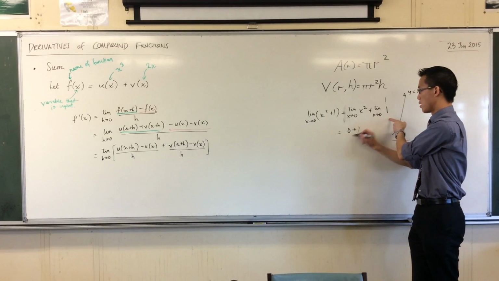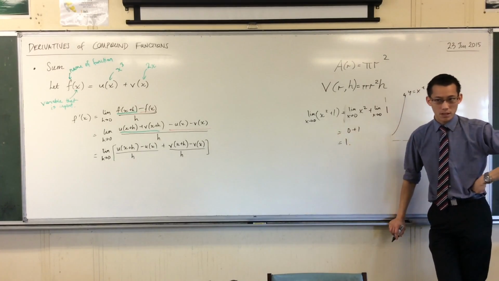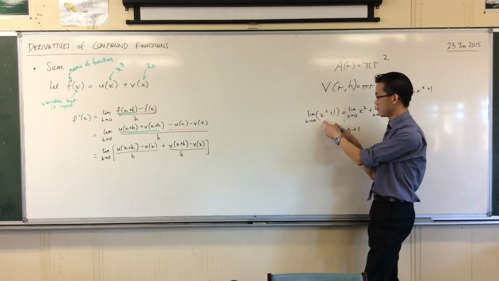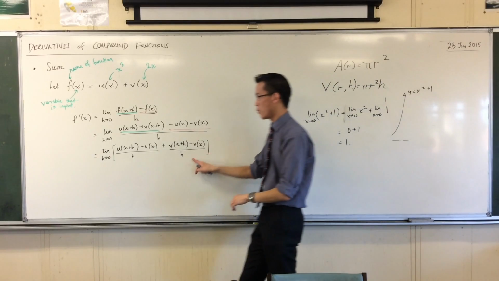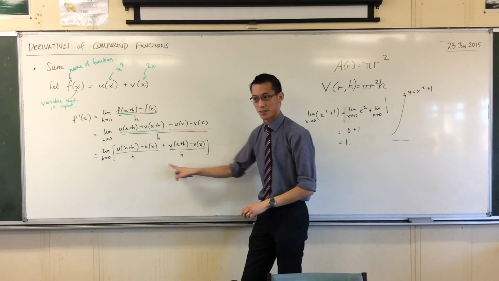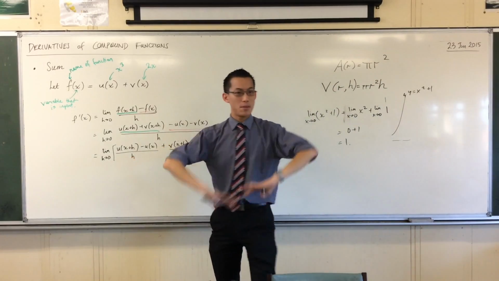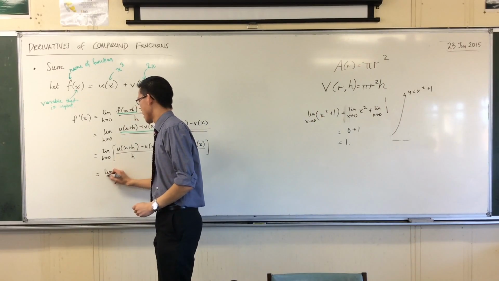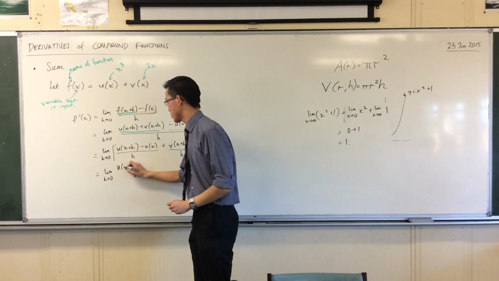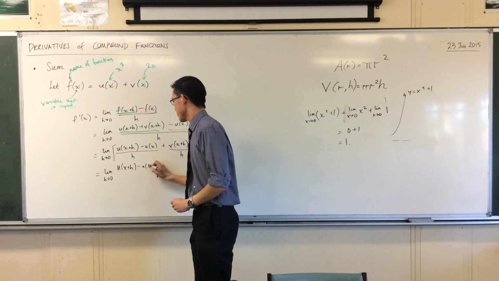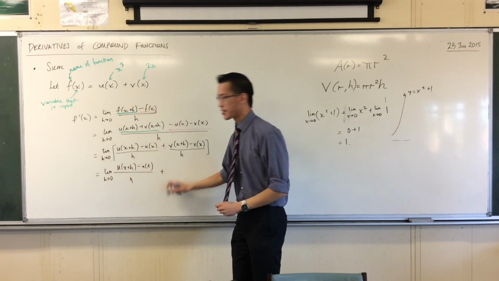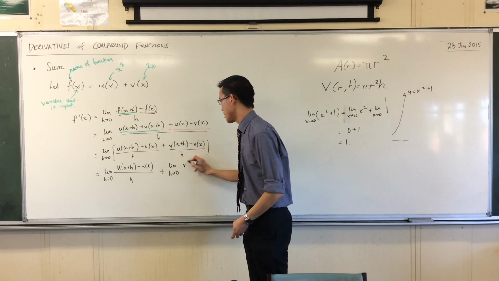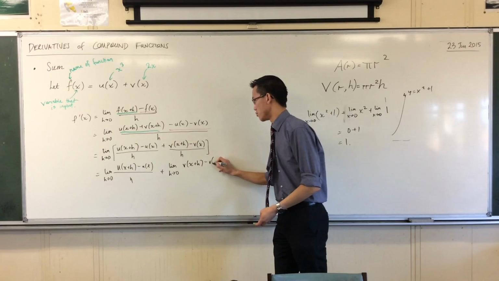So this is 0 plus 1, 1 as we saw before. So when I have the limit of a sum, you can break this apart in exactly the same way that I broke apart this fraction. So now rather than have one limit, one big thing, I'm going to think of two limits. Limit as h approaches 0 of this, plus another second limit, which is exactly the same, but with v's instead of u's.